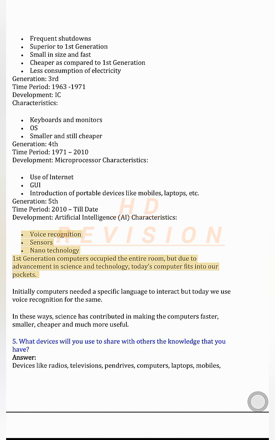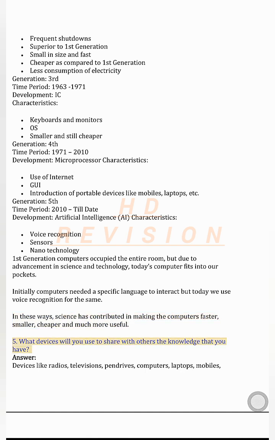First generation computers occupied the entire room, but due to advancement in science and technology, today's computer fits into our pockets. Initially computers needed a specific language to interact, but today we use voice recognition for the same. In these ways, science has contributed in making the computers faster, smaller, cheaper and much more useful. 5.